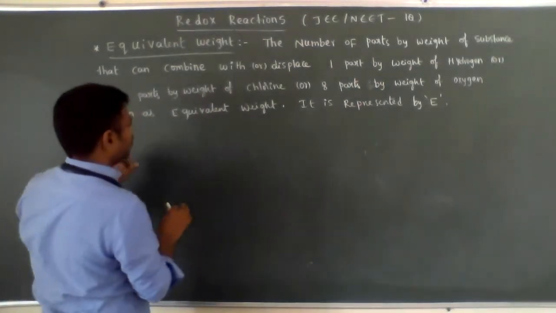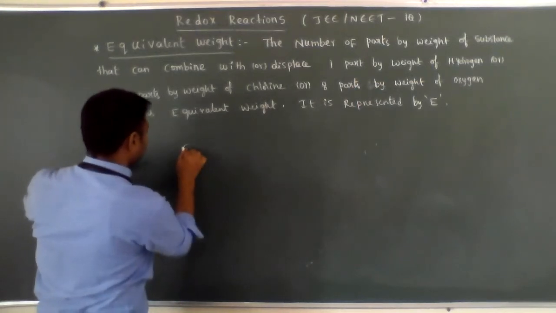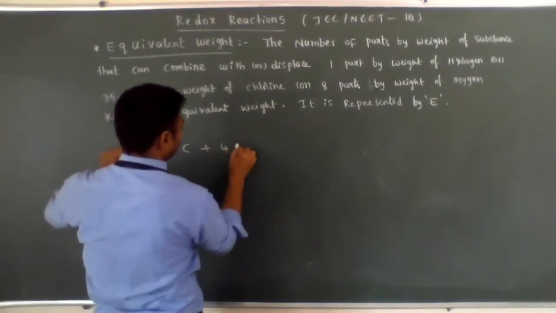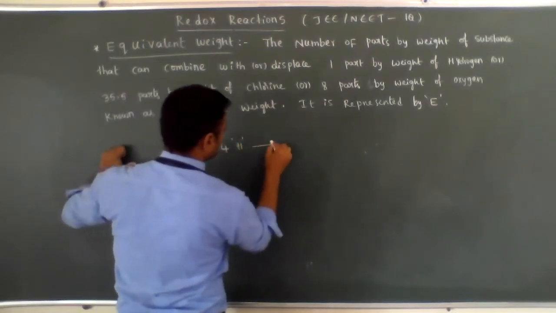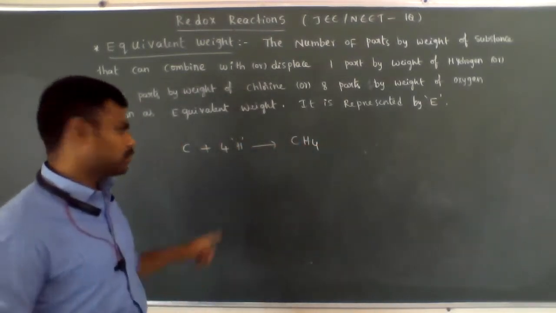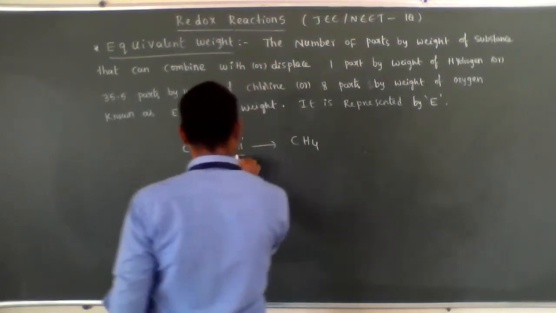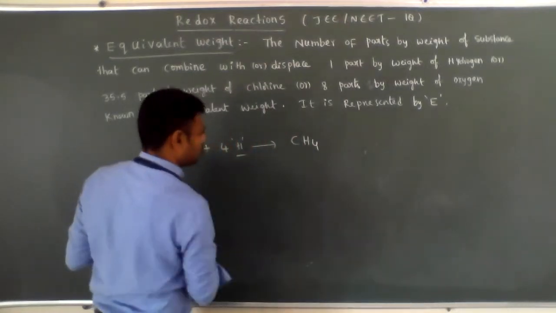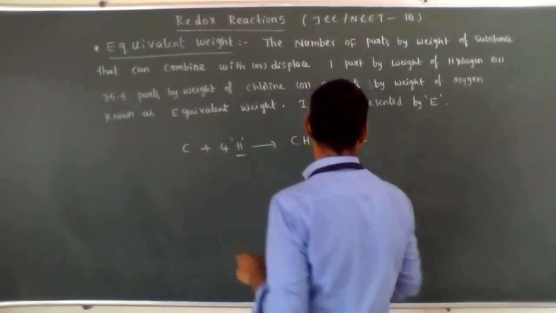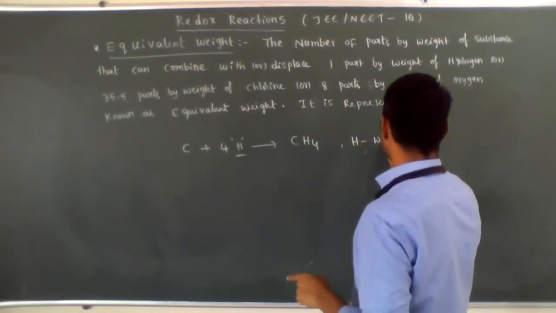For example, let's take a small example, carbon. One carbon atom completely combining with 4 hydrogen atoms forms CH4. In that CH4, each hydrogen has one part by weight.